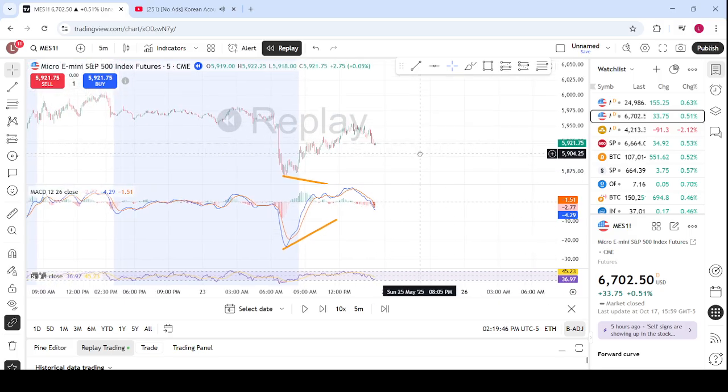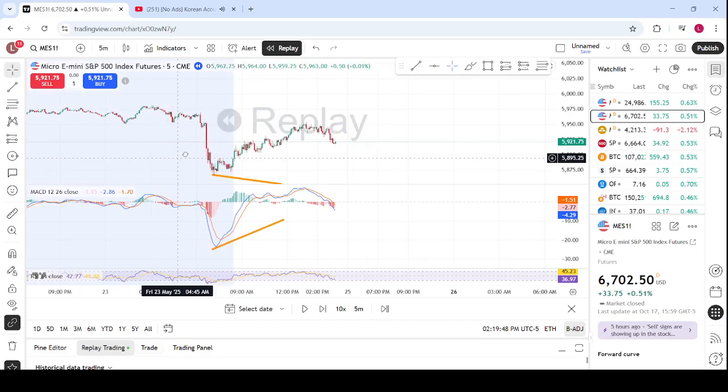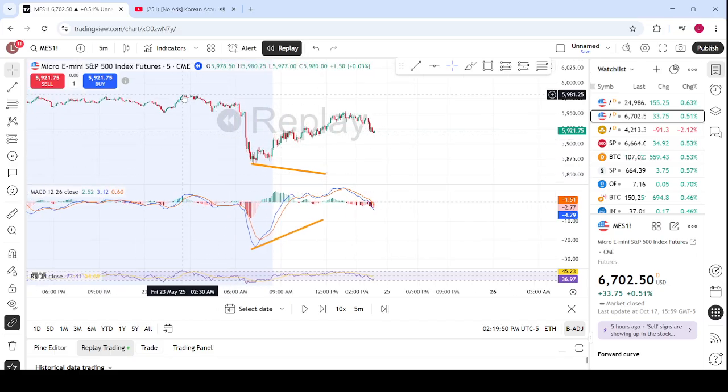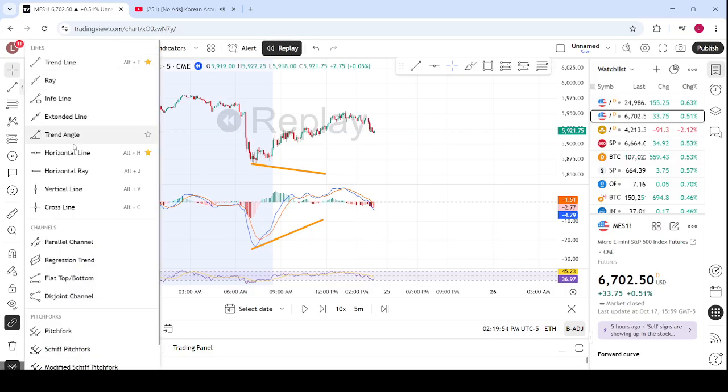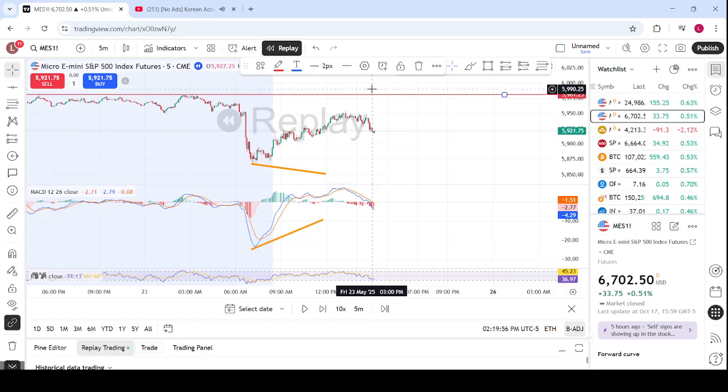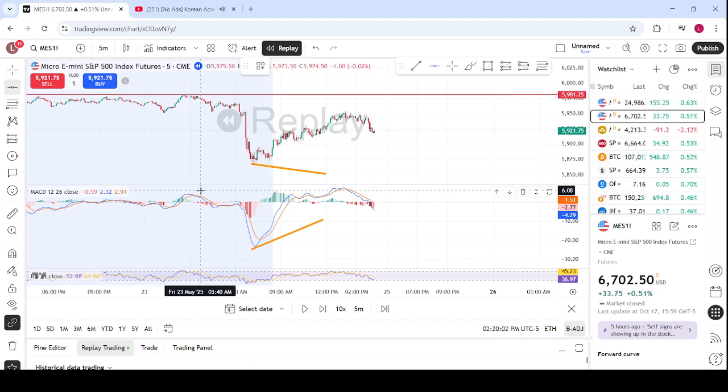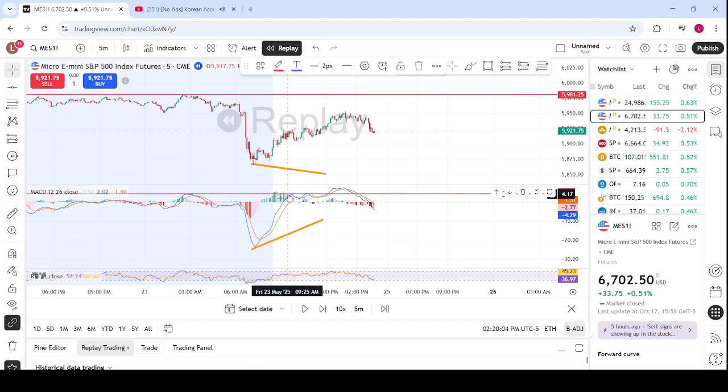We saw that this high peak has to be cleared right here. It has to make a new high here, and then this MACD would have to be below this line right here, which we saw was basically almost impossible. We knew it was going to break above this line, therefore it was going to be momentum.